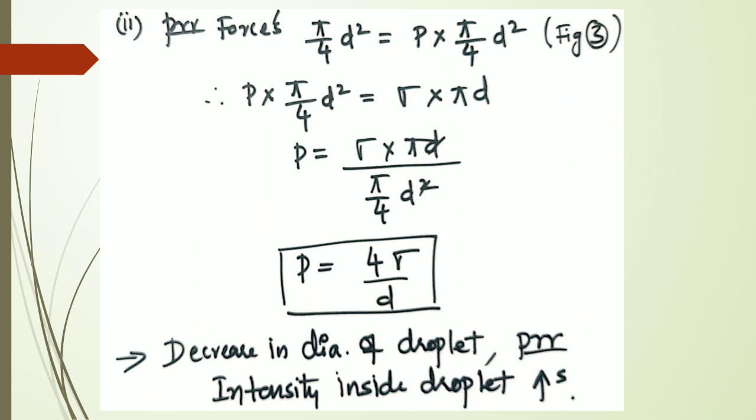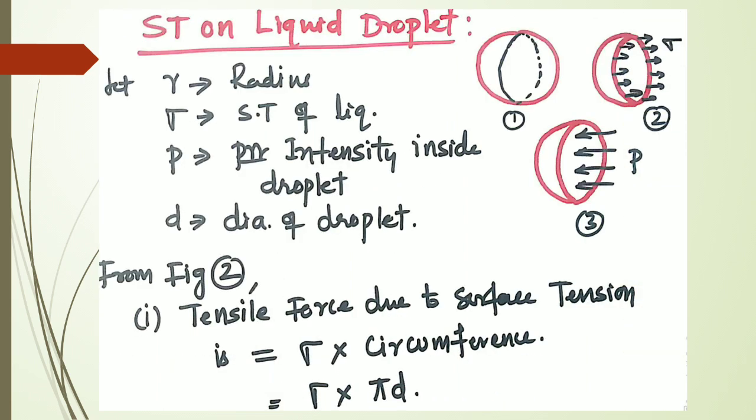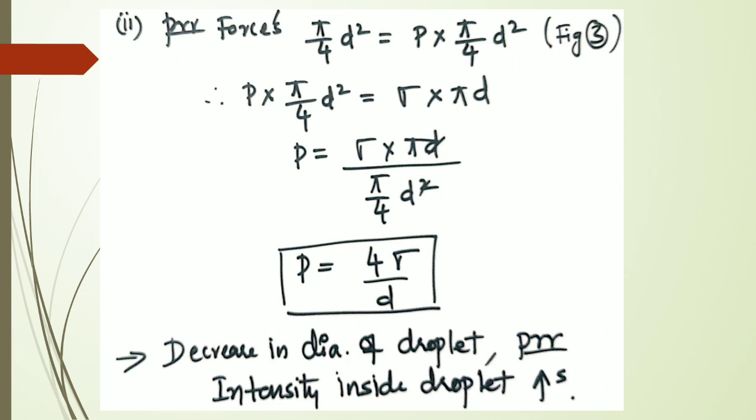Equating the two, P into pi by 4 d square equals sigma into pi d, so the pressure is equal to 4 sigma by d.